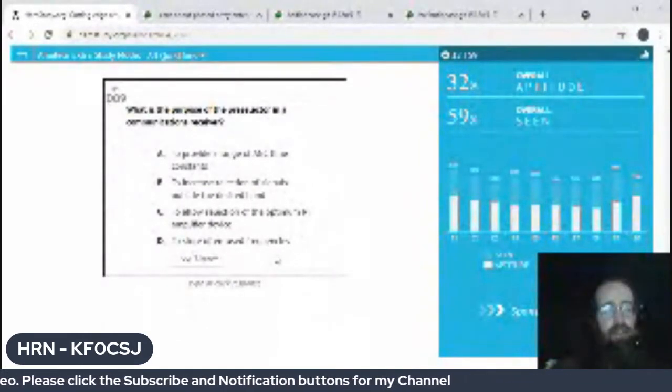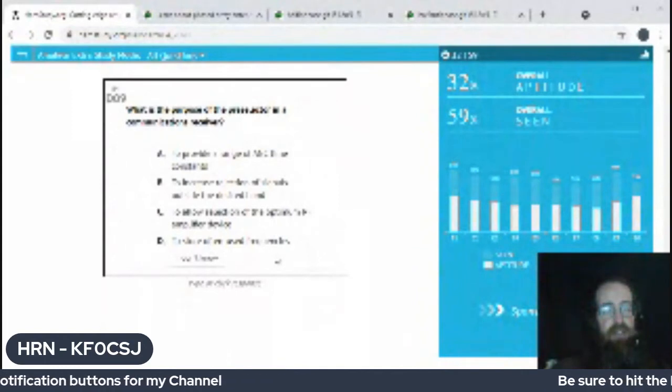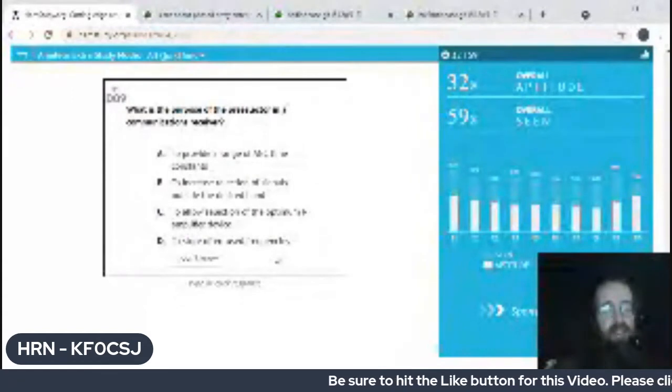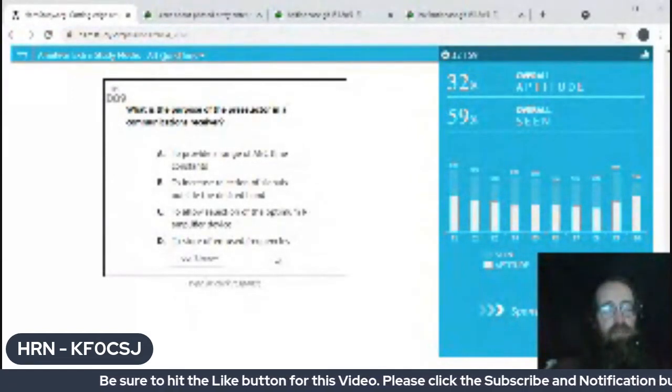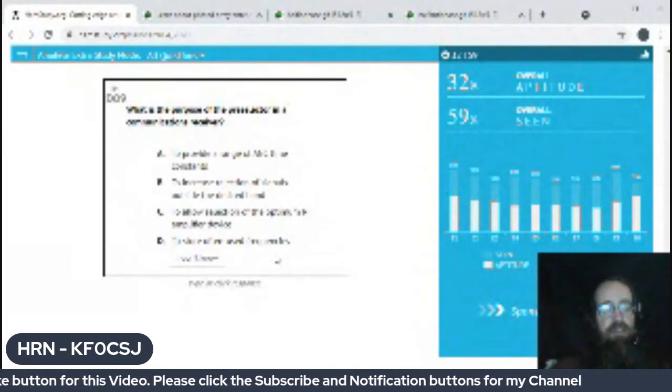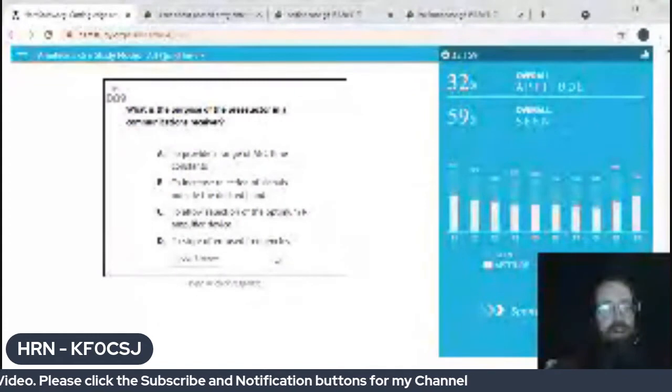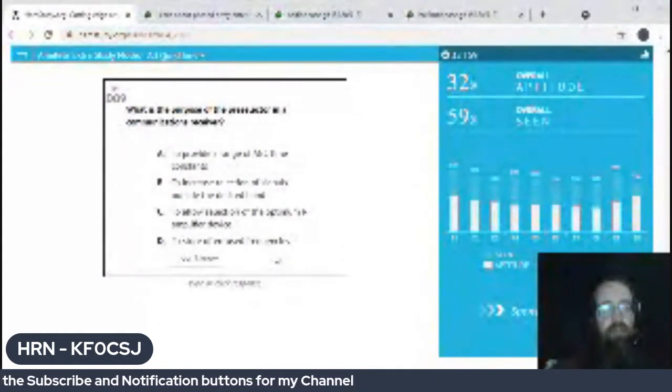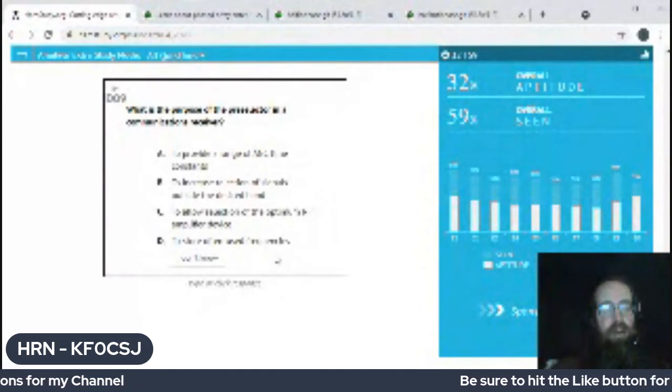What is the purpose of the preselector in a communications receiver? A, to provide a range of AGC time constants. B, to increase rejection of signals outside the desired band. C, to allow selection of the optimal RF amplifier device.